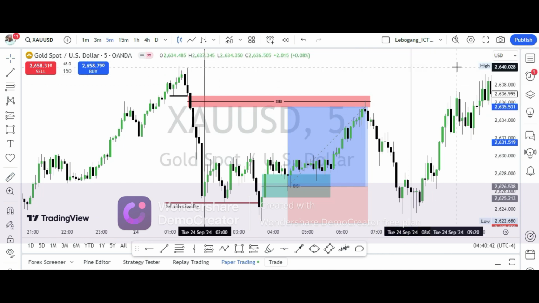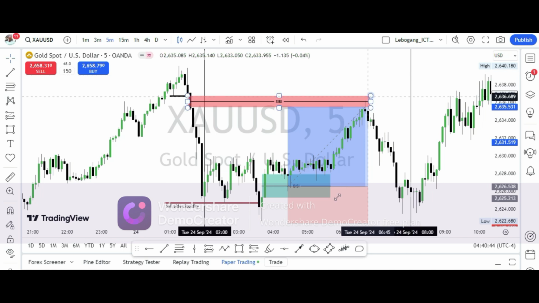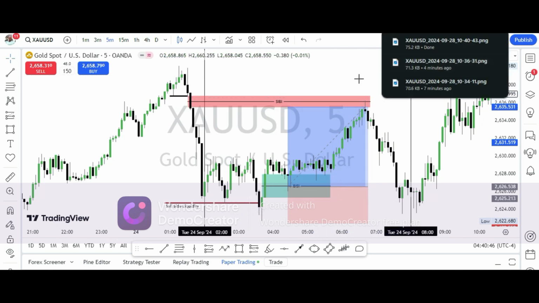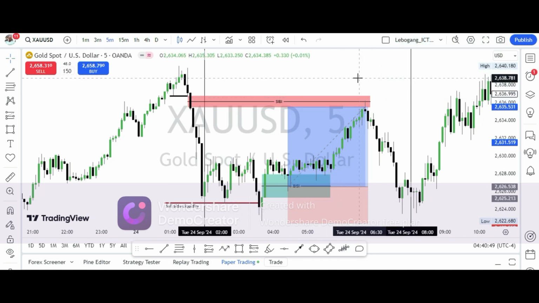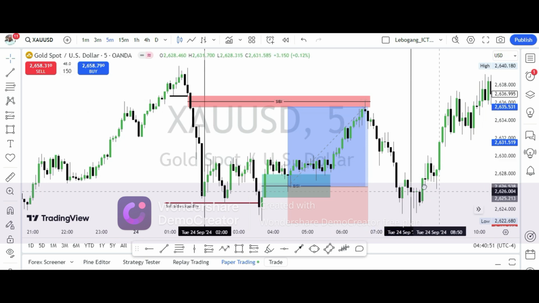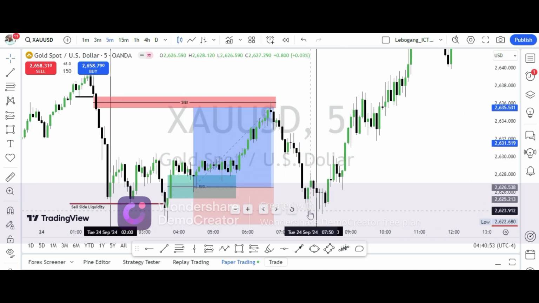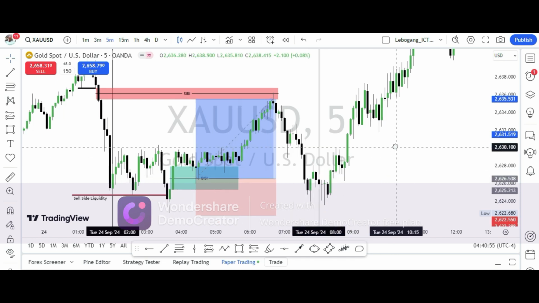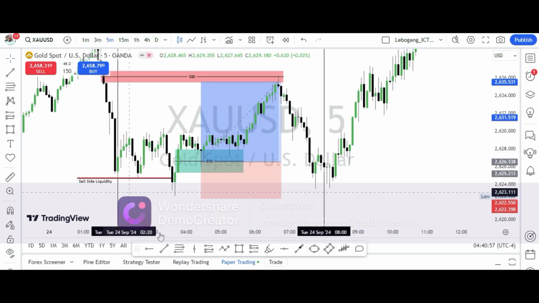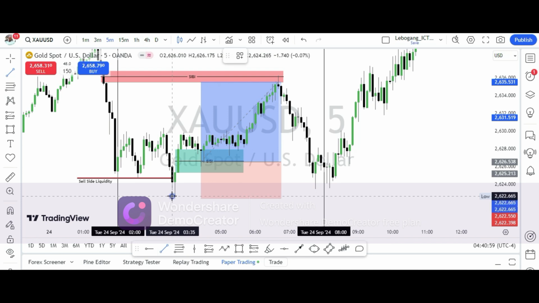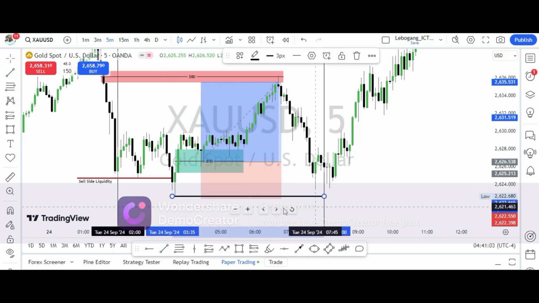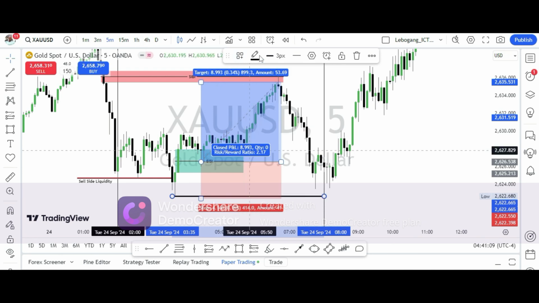So usually after I have my targets, I stay away from the charts because I don't want to give back profits. So even though here we had a very nice entry as well, this is a very nice entry, relatively equal low.